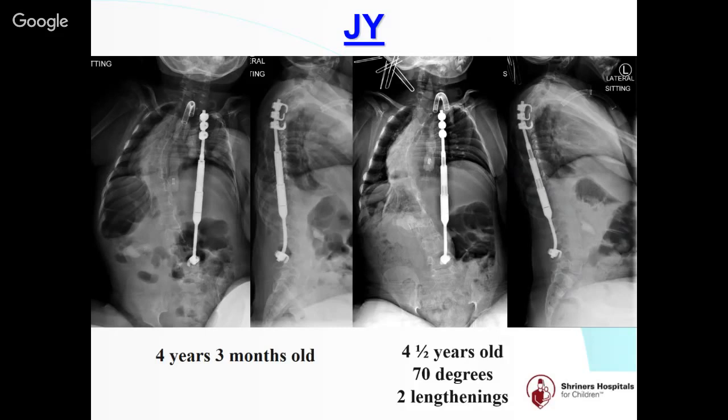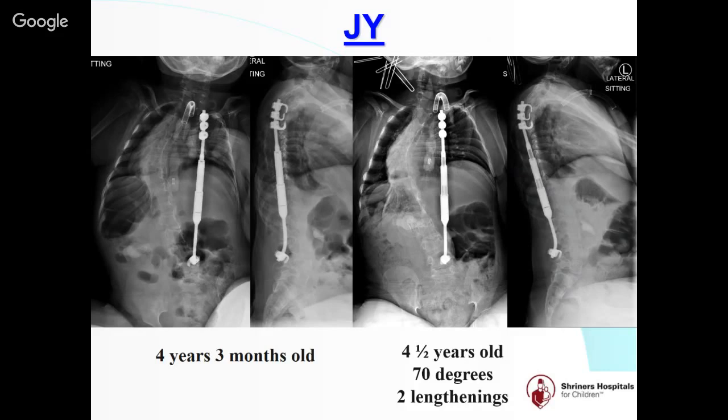And the reason that we think we can get away with this is that when you put in these expandable rods, it's a little bit of an injury to the vertebrae and the little joints that connect one vertebra to the next. And so those joints start to fuse themselves up over time. You get to a point that you can't expand them anymore because they fuse themselves down.